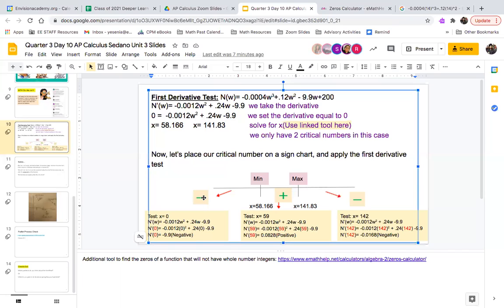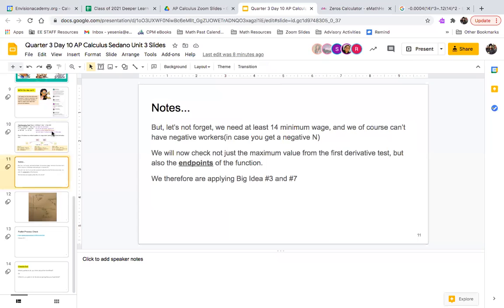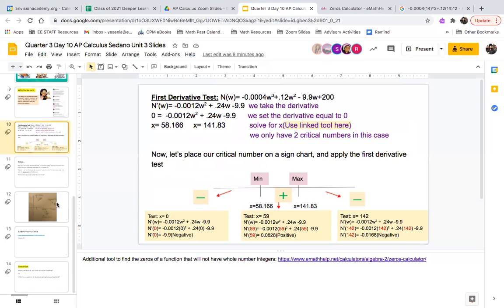If there's a negative here, your function is decreasing at this point. Positive, increasing; negative, decreasing. This helps us sketch the graph to answer the questions. So this is not the answer to the questions, it's a tool to help us answer them. You still have to further interpret what these represent, which we haven't yet. We haven't given an answer yet. We're still going over what we did yesterday.